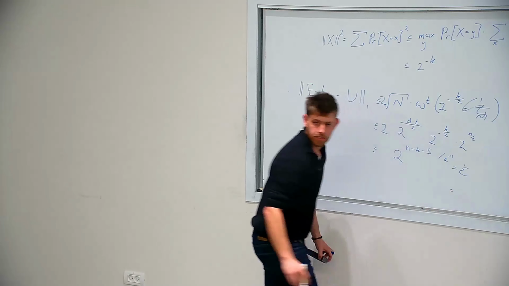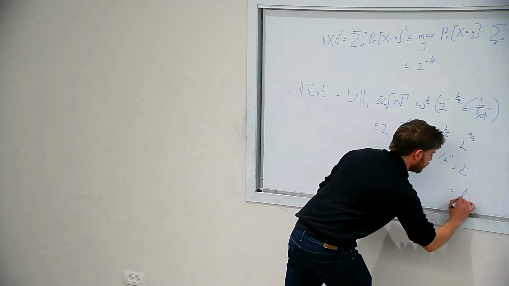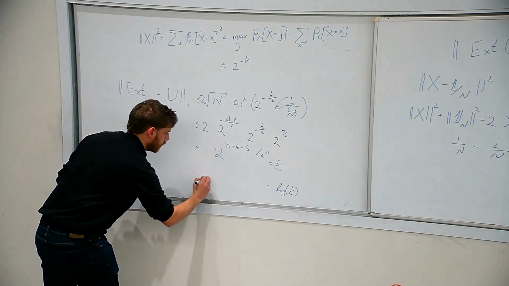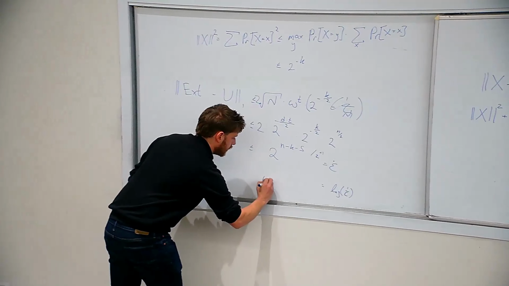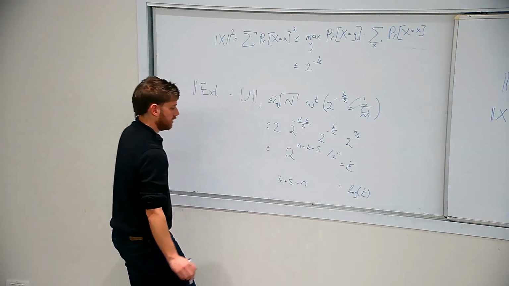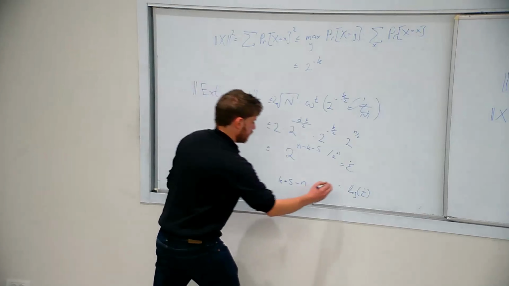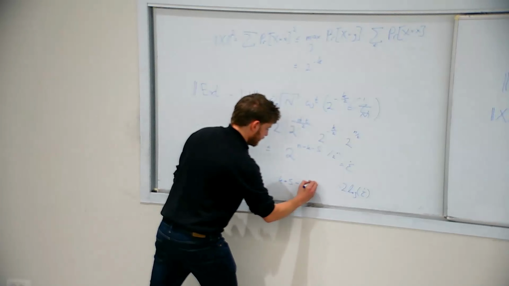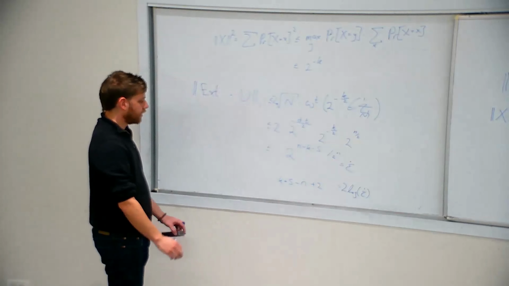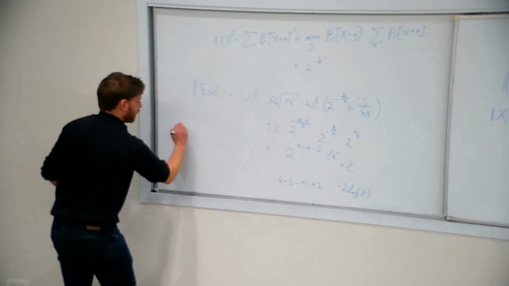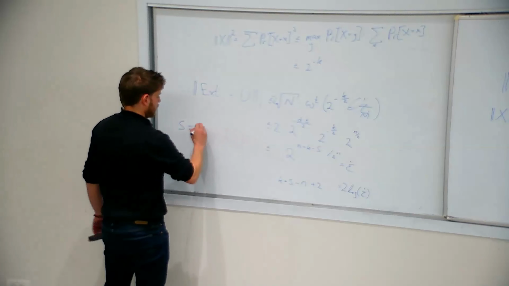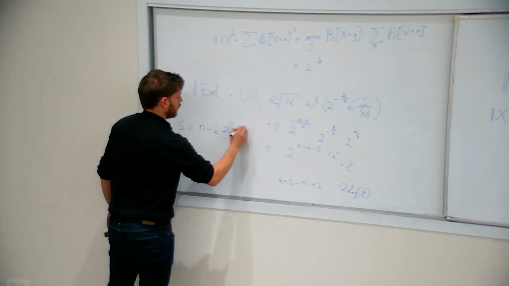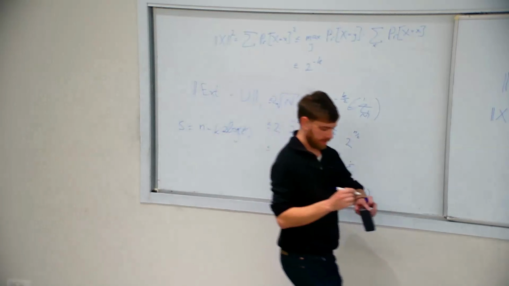Or S. Log 1 over epsilon, and here we take the inverse, so we have K plus S minus N, all that over two plus one. Yeah, plus 1. Plus two. Okay, so we have S equals N minus K plus 2 log 1 over epsilon. Plus constant. Yeah.